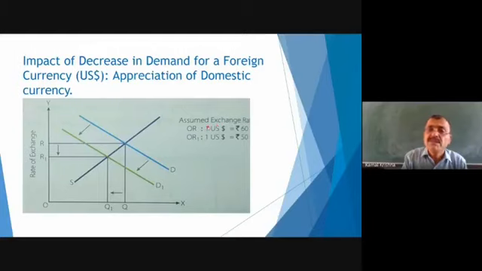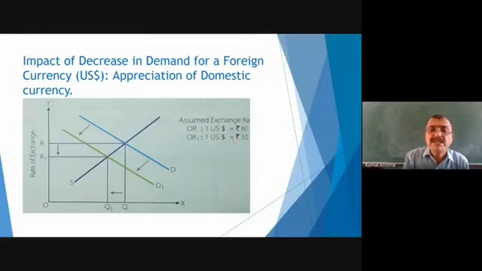What happens here? Assume the exchange rate when the demand was D, $1 US was equal to ₹60. But when the demand falls from D to D1, the value of US dollar 1 is equal to ₹50. What does it mean?